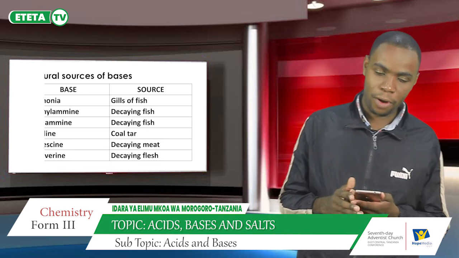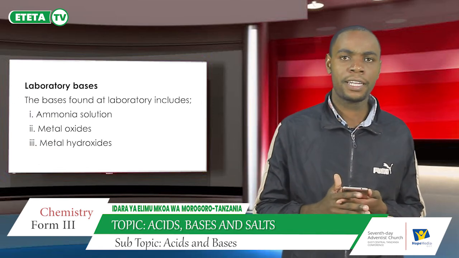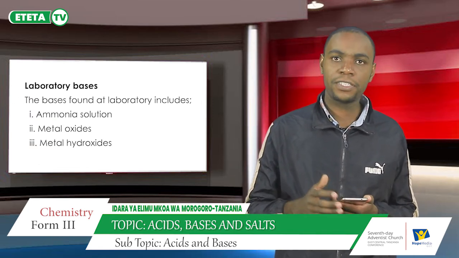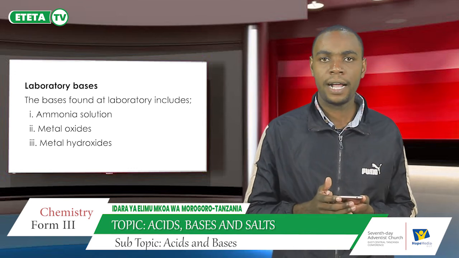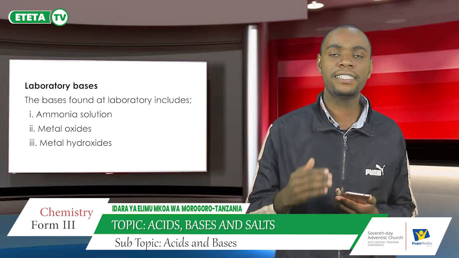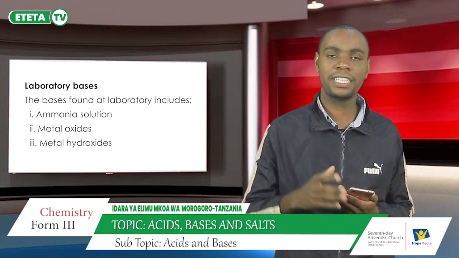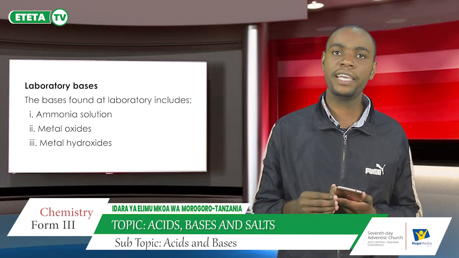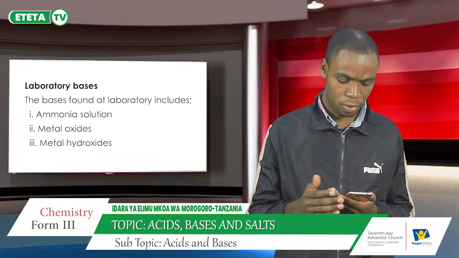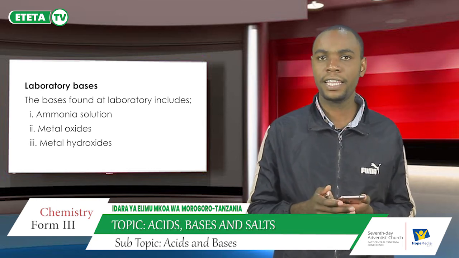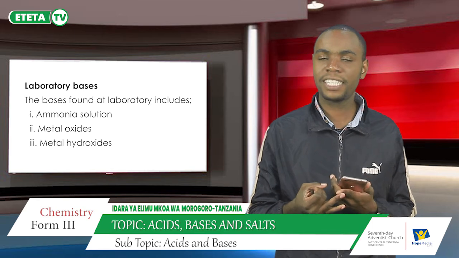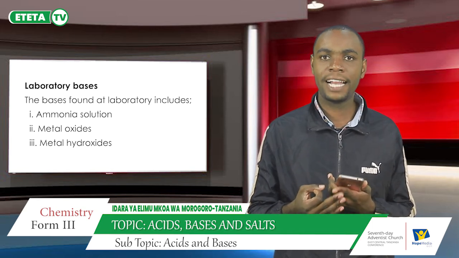Out of that, we are now going to look at the common bases found in the laboratory. The first one is ammonia solution. When I speak about ammonia solution, I mean ammonium hydroxide, which is found in the laboratory for various experiments. Not only that, but we also have metal oxides: sodium oxide, potassium oxide, calcium oxide.